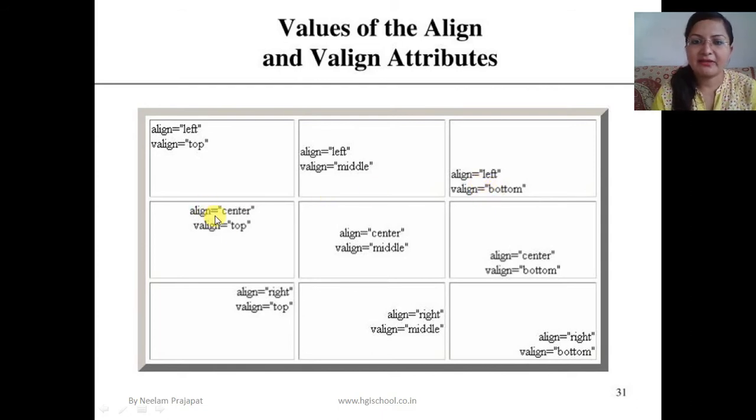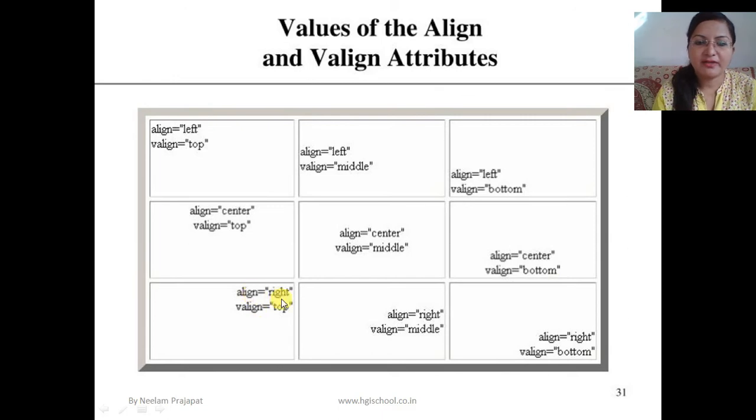Got it? In each and every cell you will have to put align and v-align. If you want it in the center but at the top, then you use align center and v-align top. If you want it exactly in the center, then you will use TD align center, v-align middle. If you want it in the center but at the bottom, then align center, v-align bottom.